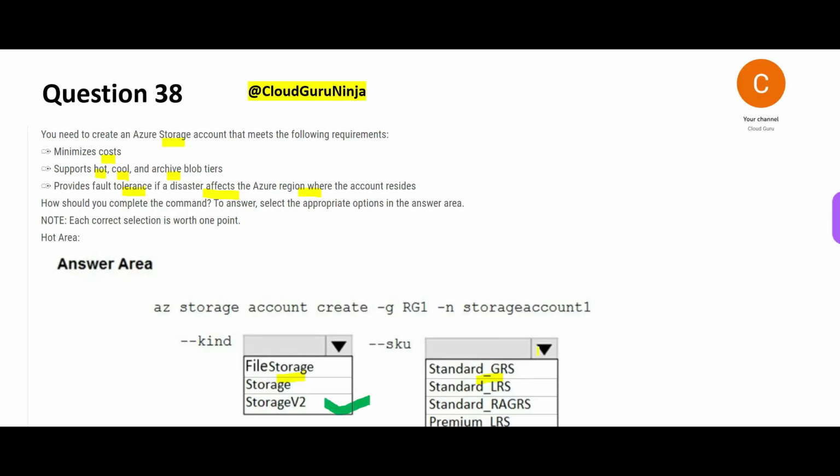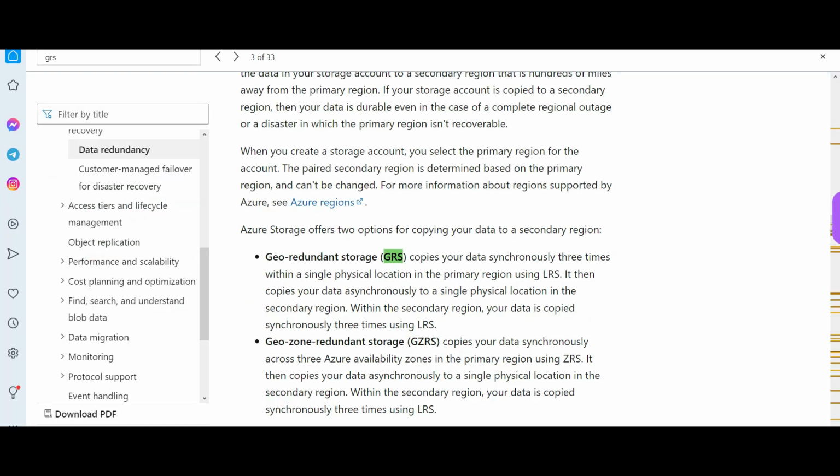Standard GRS. See, we should look at this. GRS means geo redundant storage. That copies your data synchronously 3 times within the same physical location in the primary region. It then copies data asynchronously to a single physical location in the secondary region. So what happens is your data is maintained, multiple copies are maintained.